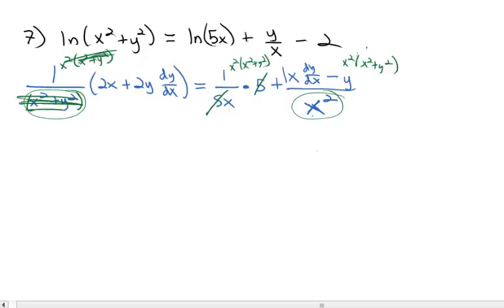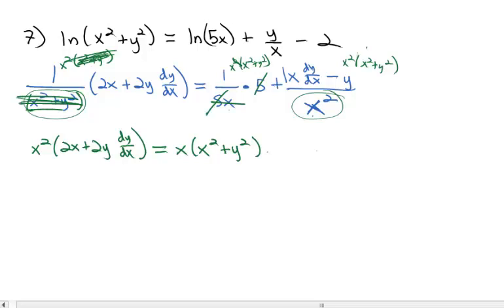The x squared plus y squareds are gone, so we have 1x squared times 2x plus 2y dy dx equals, and x is gone with an x, so we have x times x squared plus y squared, plus the x squared is gone with the x squared. We have x dy dx minus y times x squared plus y squared.